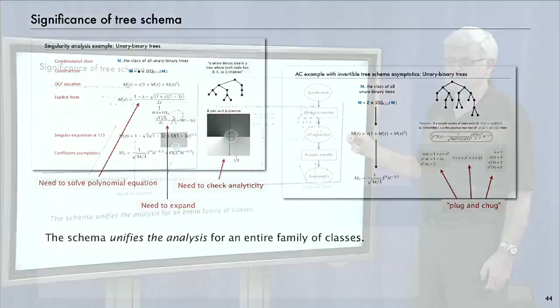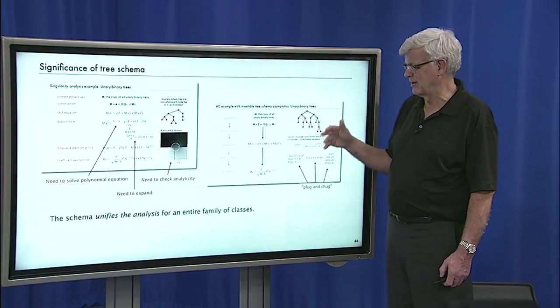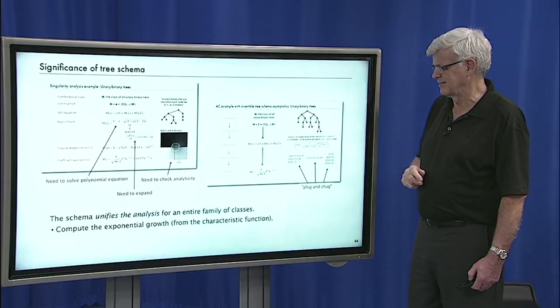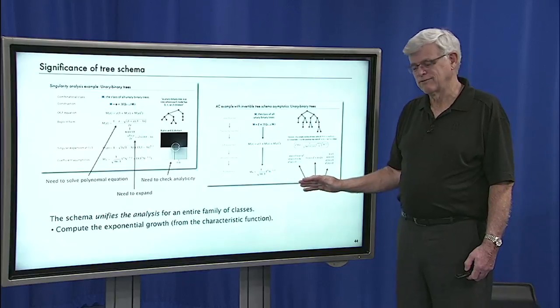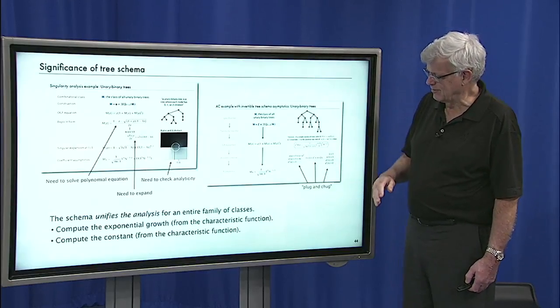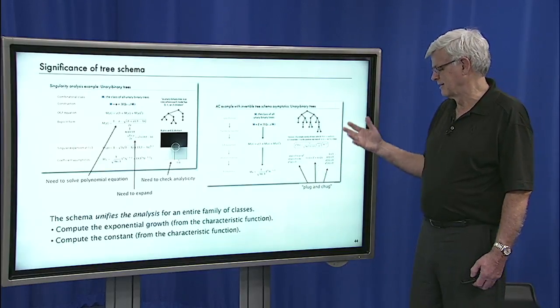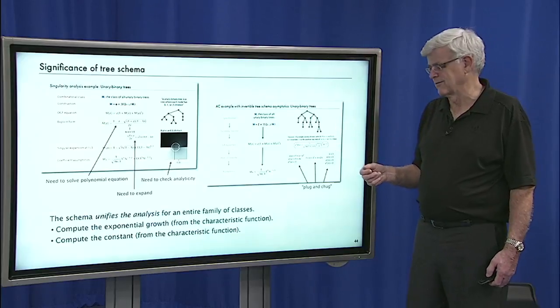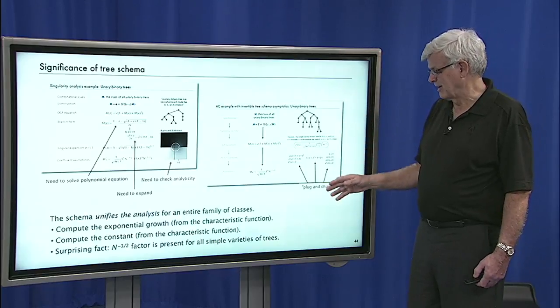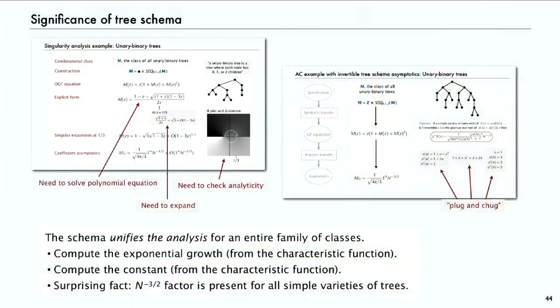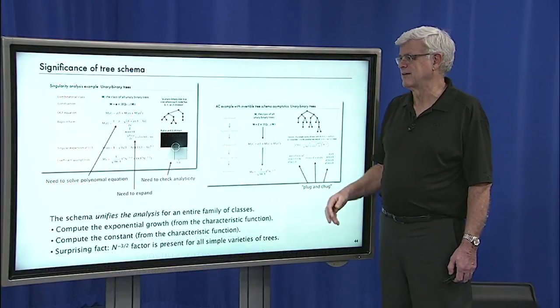And using this theorem, you don't have to know much about complex analysis to apply it. You just use the characteristic function, solve it, which gives you the exponential growth, and then you compute the constant from derivatives of the characteristic function, and you're done. And again, it's a very surprising fact that you're going to have this n to the minus 3/2 factor, and also the square root of pi factor, which goes all the way back to gamma of 1/2, for all kinds of trees.